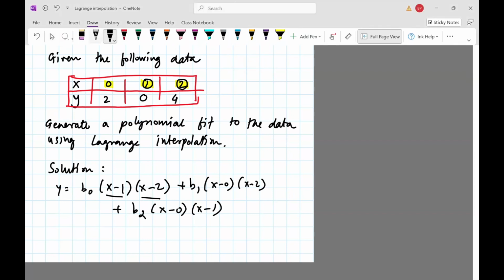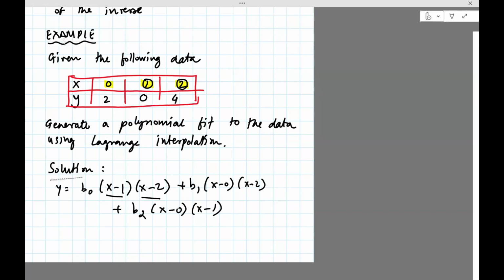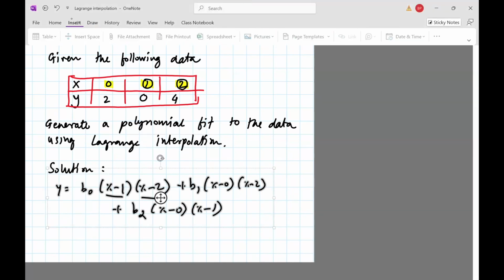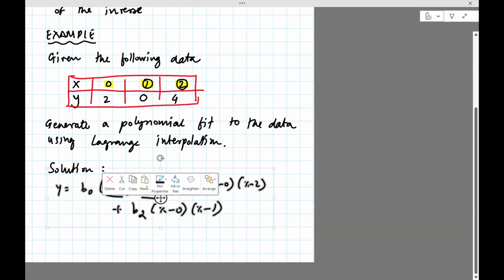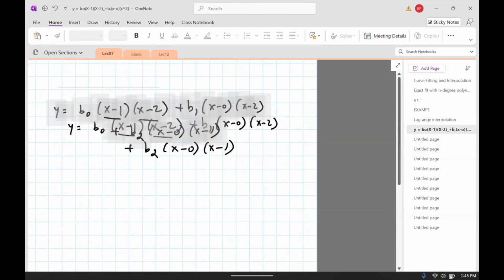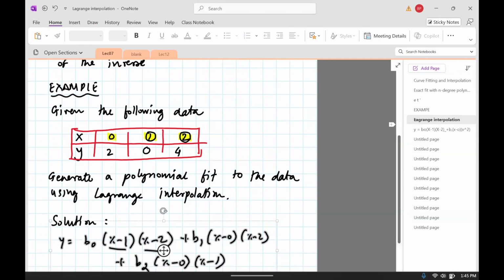So let's just move this. And I'll put this table.